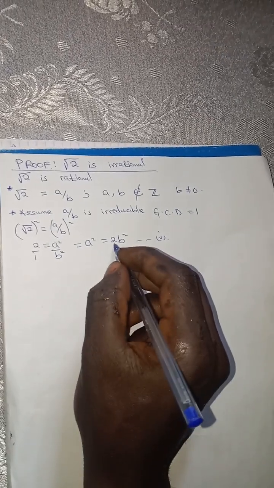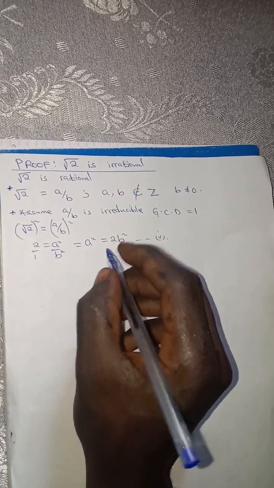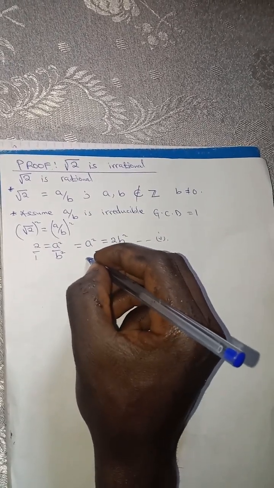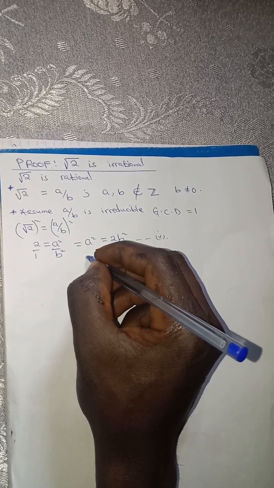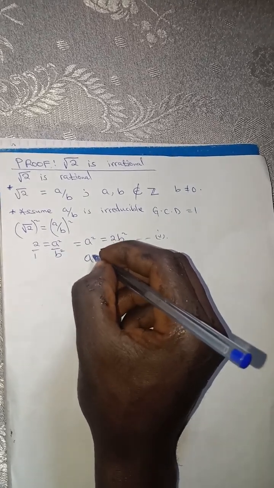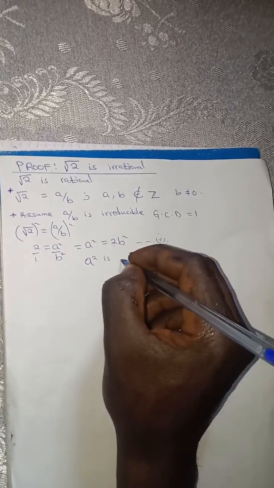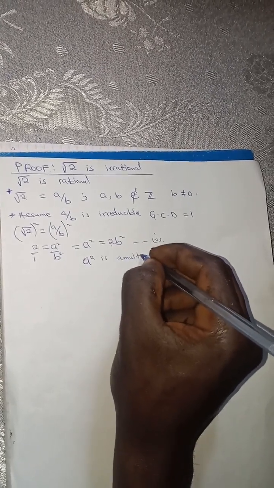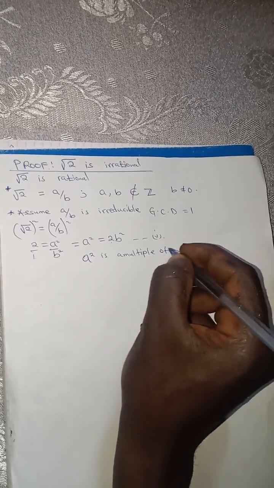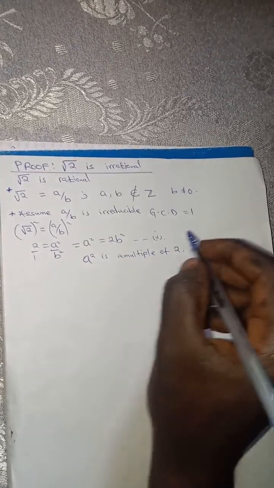On this equation 1, it is true that a squared is a multiple of 2. Why?